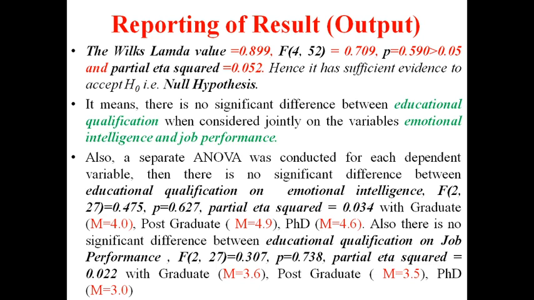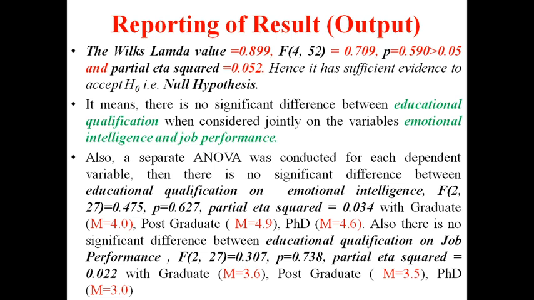Similarly, there is no significant difference between educational qualifications on job performance also. Here also F value at 2 and 27 degrees of freedom is equal to 0.307, and P is equal to 0.738, which is greater than 0.05. Partial eta squared is equal to 0.022.